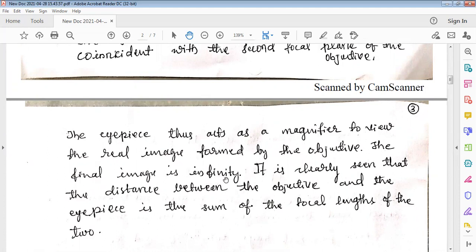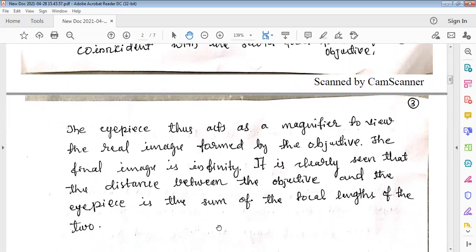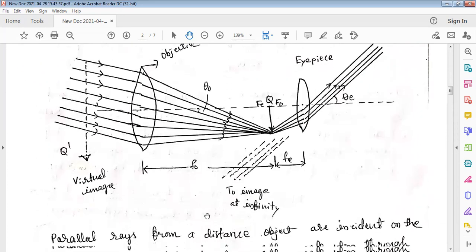The final image is at infinity. It is clearly seen that the distance between the objective and the eyepiece is the sum of the focal lengths of the two. This is the focal length of the objective, and this is the focal length of the eyepiece. The sum of these two is the distance between the objective and the eyepiece.